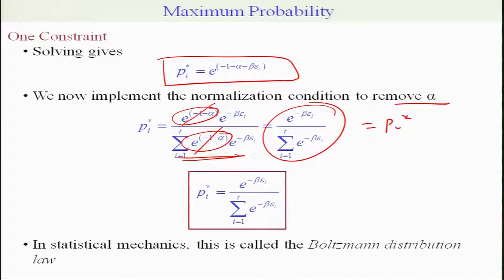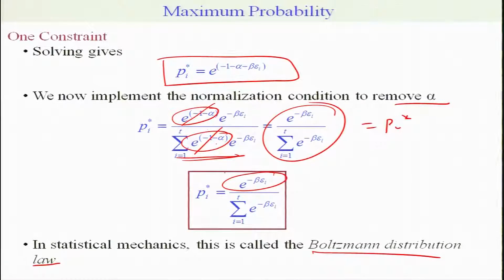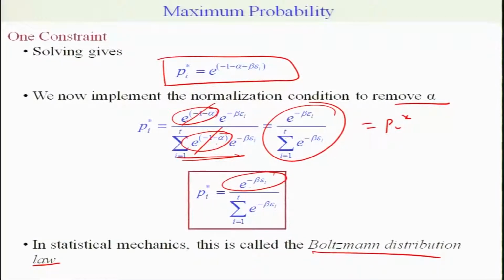Now this expression is a very well known expression. This expression is called the Boltzmann distribution. What we have developed here is basically that the probability of a state having an energy E is nothing but the Boltzmann factor, which is exponential of minus beta epsilon, divided by the normalized sum of all the probabilities. Or in other words, the probability distribution is nothing but the normalized value of the Boltzmann factor, because this is the sum over all other states.